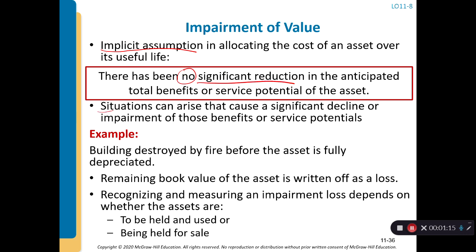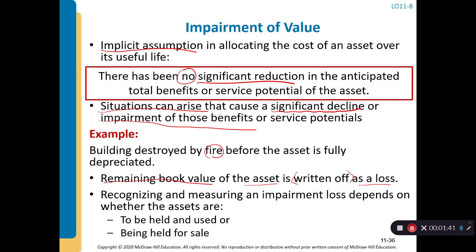However, a situation can arise that causes a significant decline, or impairment, of the benefits those PP&E or intangible assets can serve. For example, a building destroyed by a fire before the asset is fully depreciated, then the remaining book value of the asset should be written off as a loss, right?